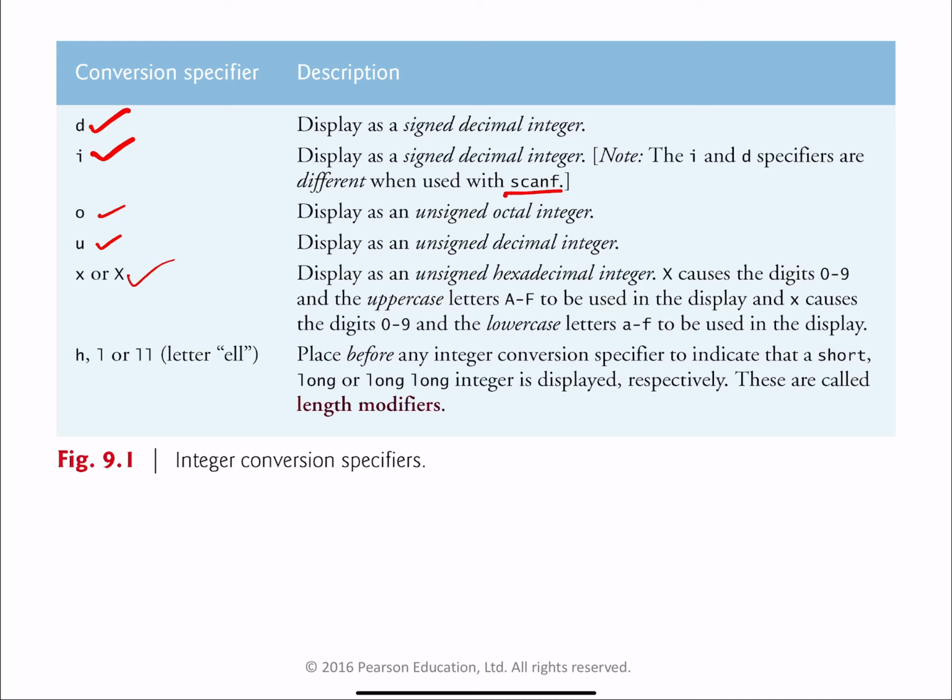Then there are some length modifiers that you can use together with other conversion specifiers, and you've used l for long and ll for long long, and h is for short.